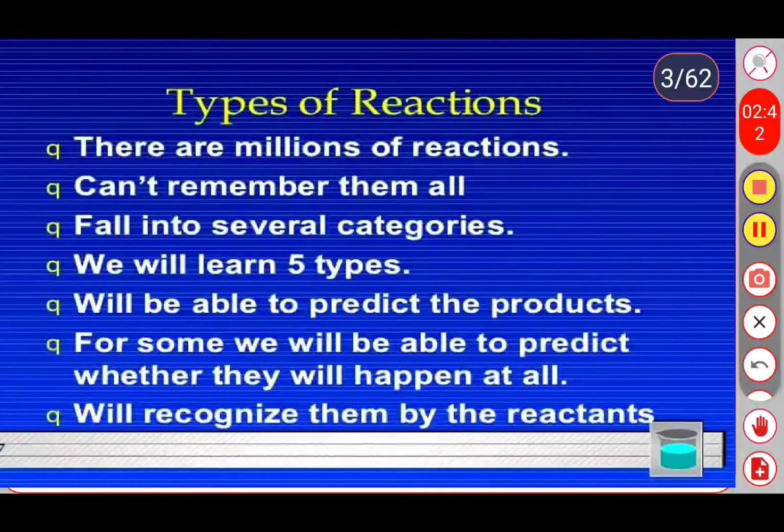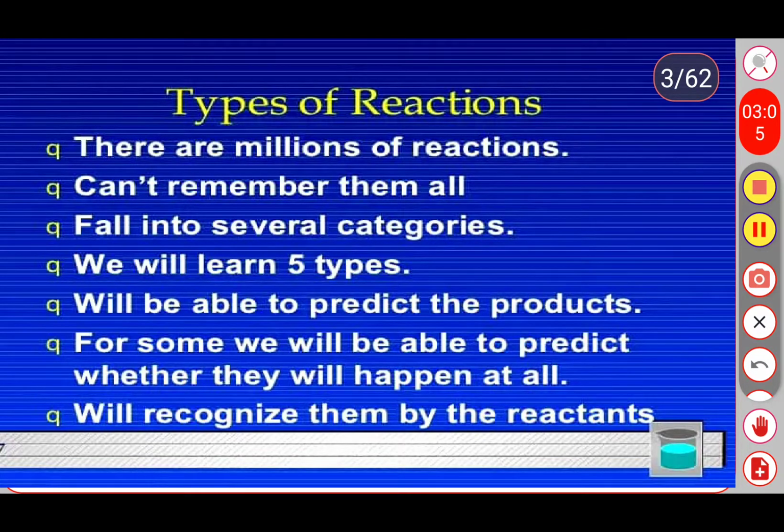When we combine two or more substances, they form a new substance, and that new substance is entirely different from the combining substances. It means the physical properties or appearance of the reactant substance are entirely different from the product.